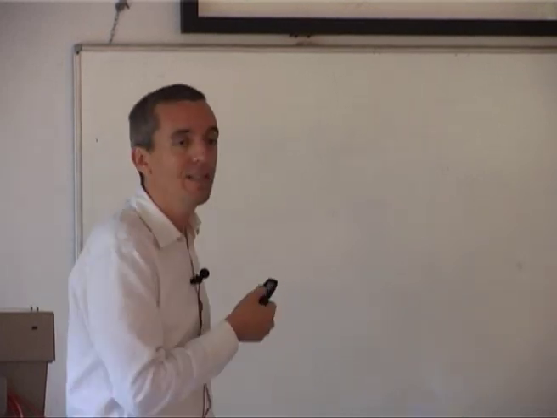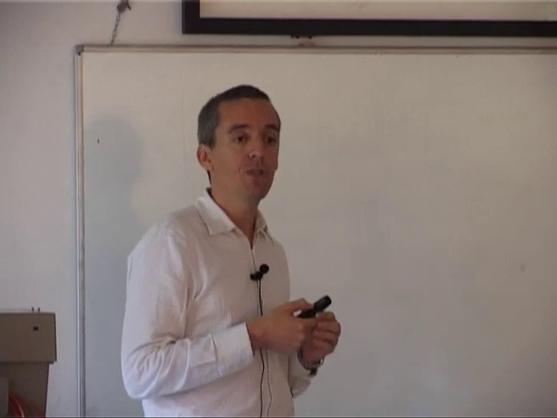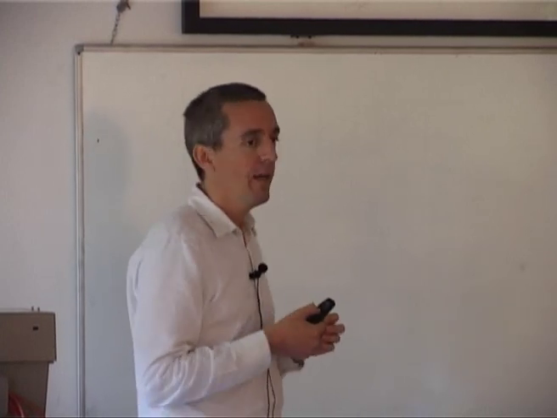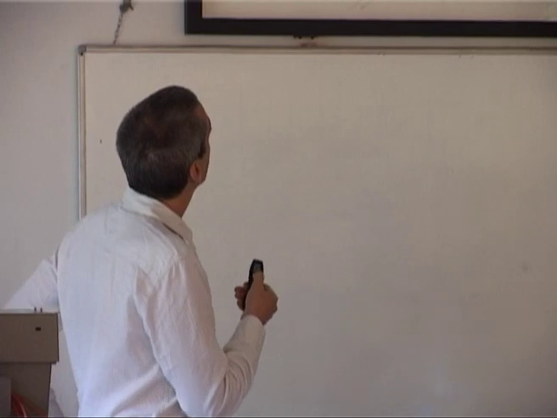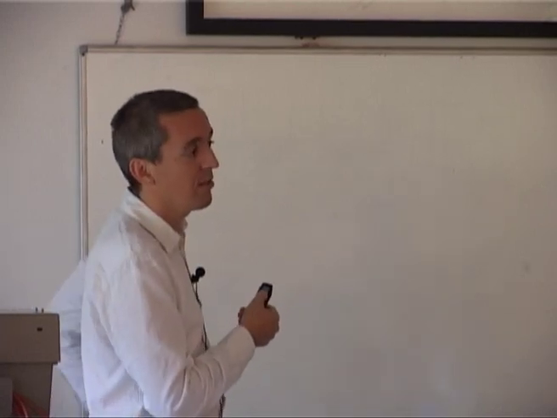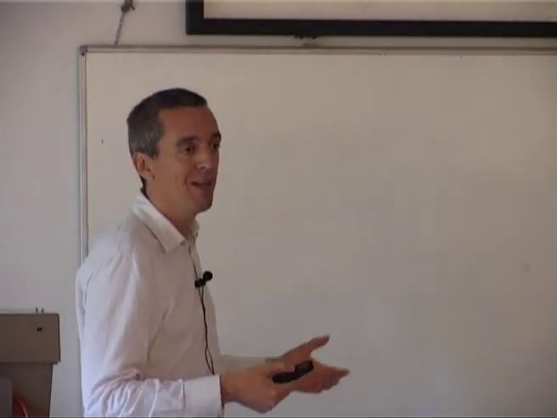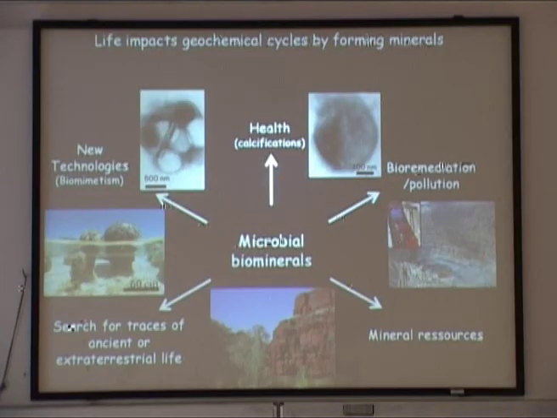Those stromatolites are suggested to be among the oldest traces of life on Earth. The idea is that these are rocks, just big aggregates of minerals, and they might have been formed by microbes. So the minerals formed by microbes might be interesting if you want to search for traces of ancient life.